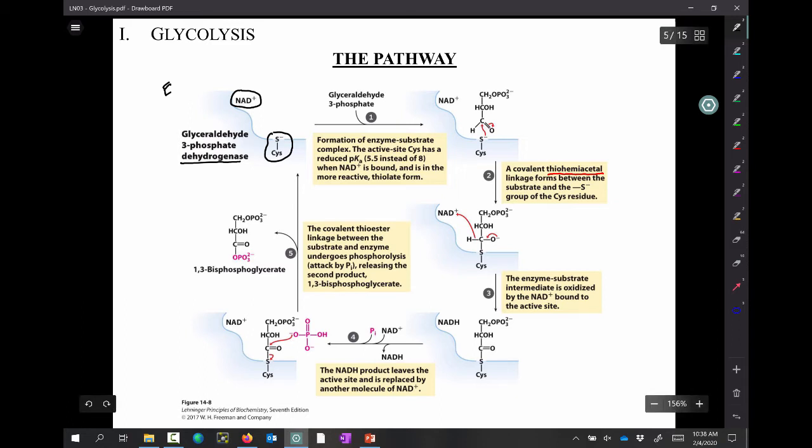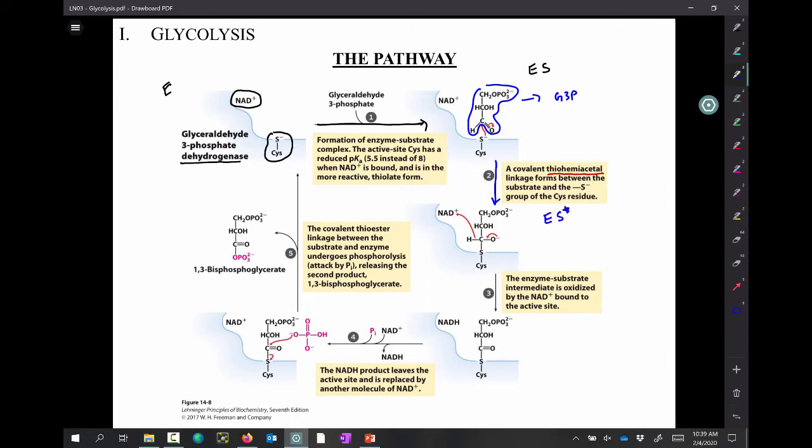So we move over here, going in this direction, and we form what would be considered the ES. The ES is essentially the enzyme with the substrate bound, and here is our substrate, this is G3P. Now, our next step, and really the very first step of the enzymatic catalysis, is the formation of this intermediate ES star.